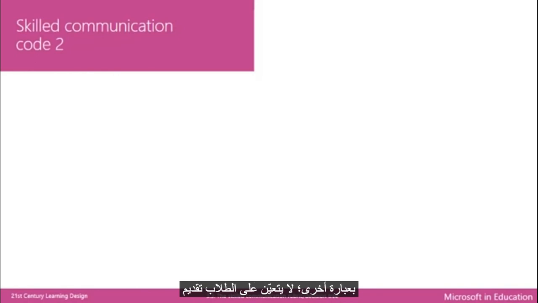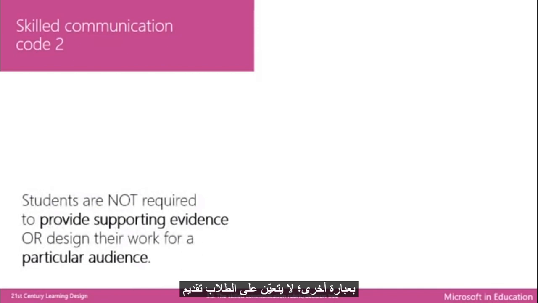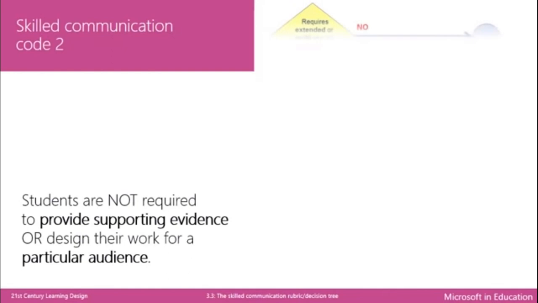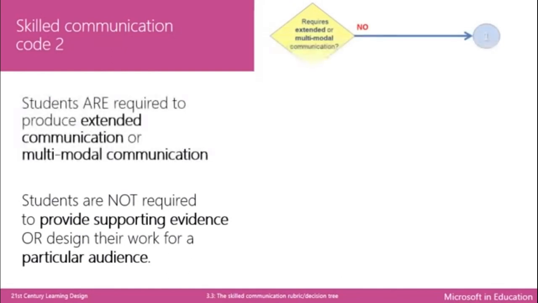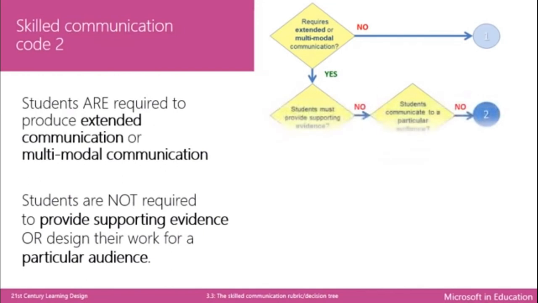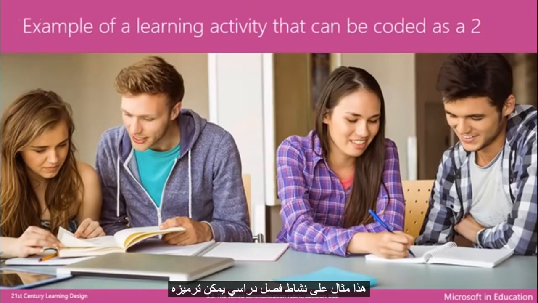In other words, students are not required to provide supporting evidence or design their work for a particular audience. This is an example of classroom activity that can be coded as a 2.